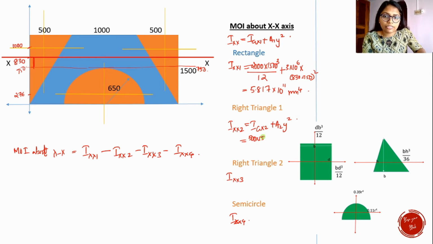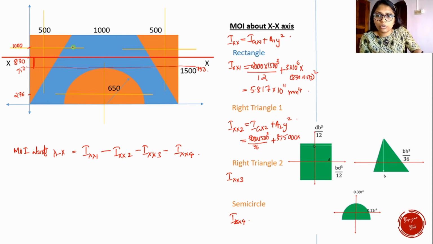So 1500 whole cube divided by 36, plus area of the triangle was about 375,000 into y. Again, y is the perpendicular distance between the centroidal x-axis.